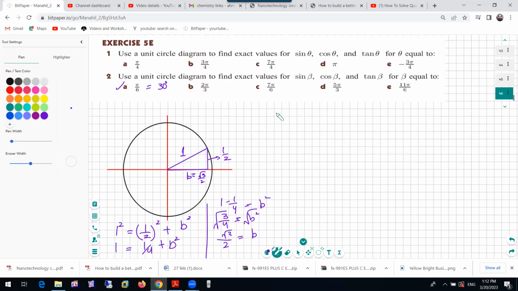Okay, so anyways, next is, now we already found the sides. I'm doing part A. This is actually the angle pi by 6.